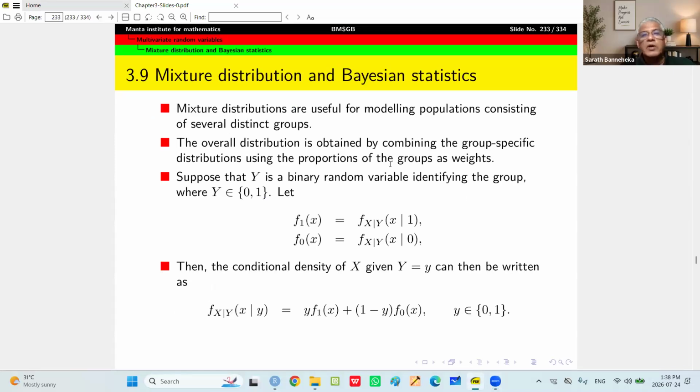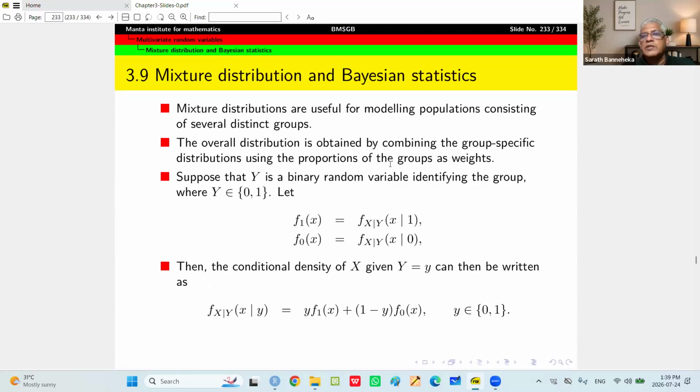So let us look at part one of this lecture. It's about mixture distribution and Bayesian statistics. Mixture distributions are useful for modeling populations consisting of several distinct groups.